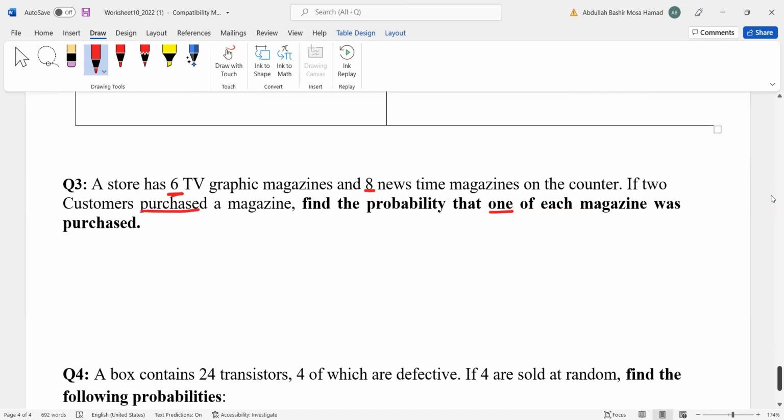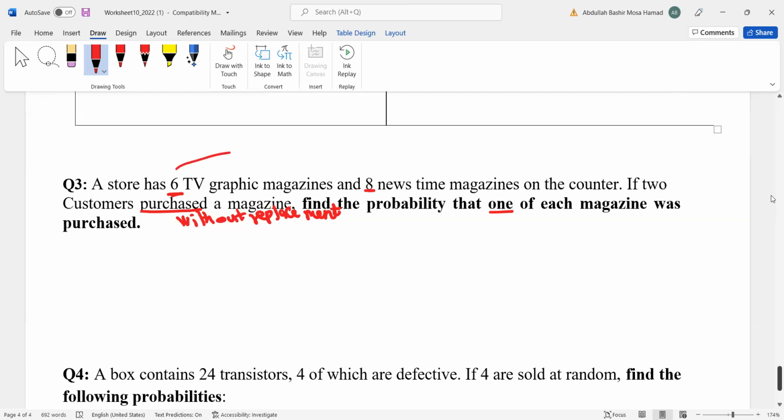Purchase means sold. Sold means without replacement. Without replacement means dependent. Dependent means hypergeometric. For hypergeometric, we have three parameters.